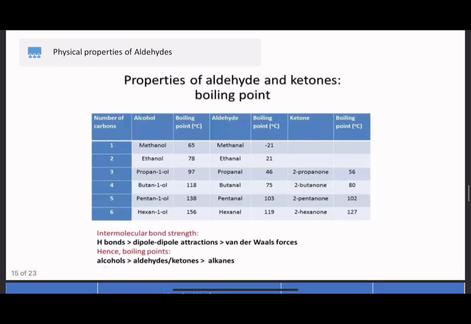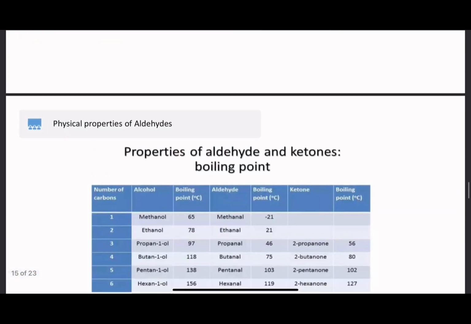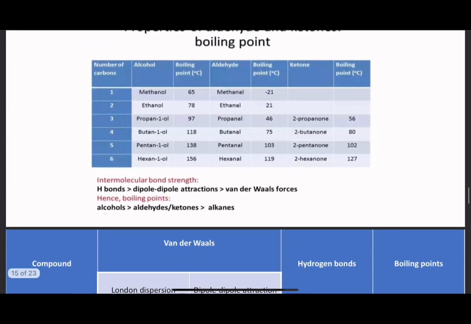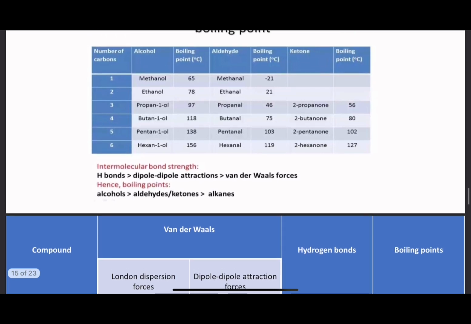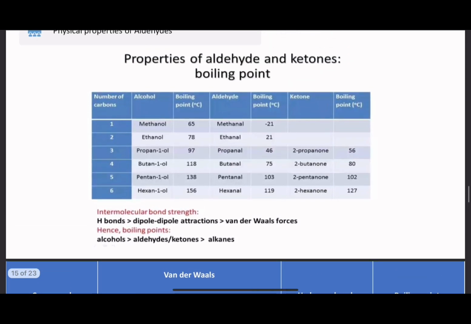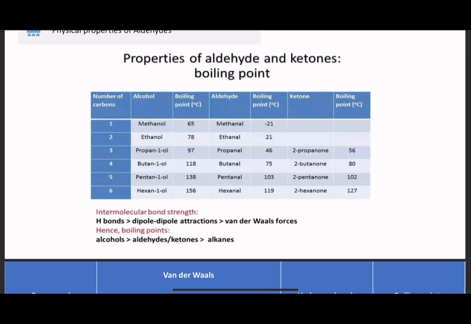Now, the next topic is going to be isomerism, but now I'm just going to finish off with these physical properties of aldehydes and ketones. I said that aldehyde is this guy. I'm just going to give you a few examples. CH3 and CH3 is ethane.